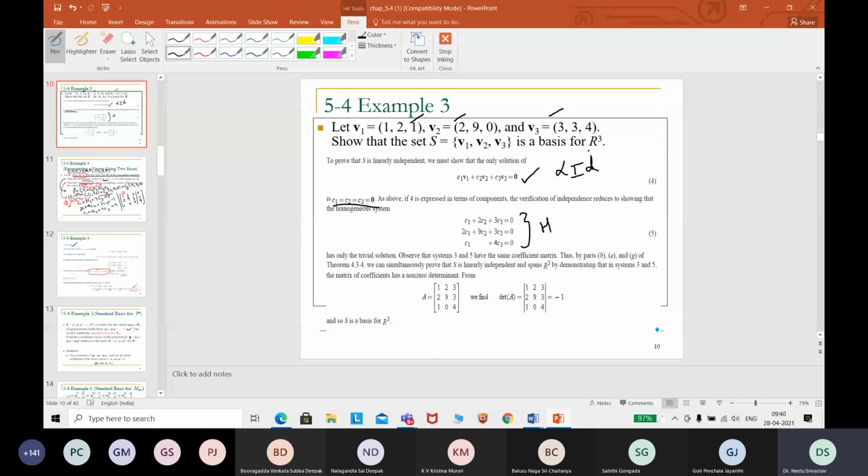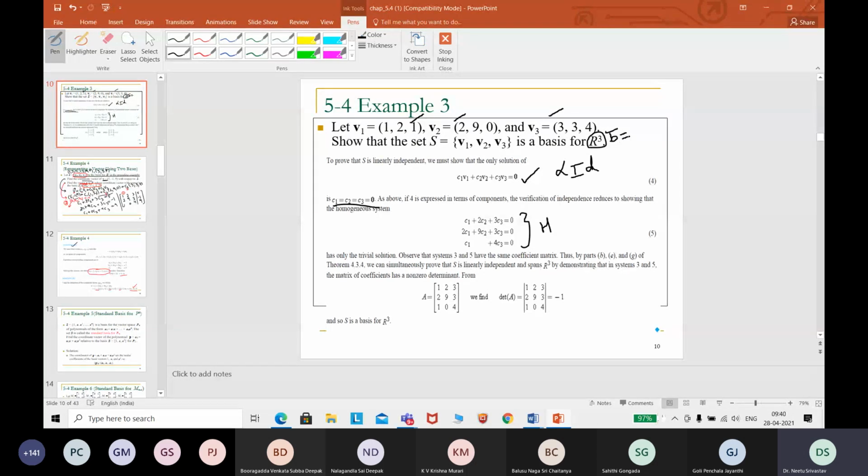The second condition says that any vector you take from R3 should be written as a linear combination of V1, V2, V3. Let B be a vector in R3. A vector in R3 has 3 components and all the components should be real.